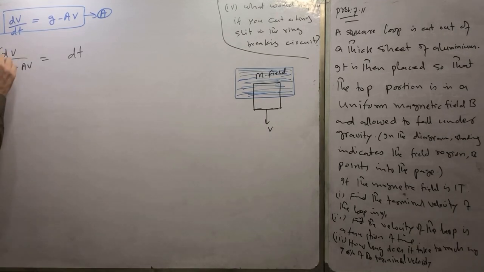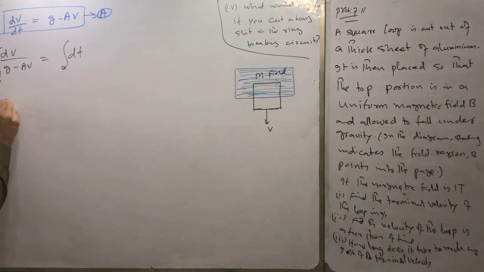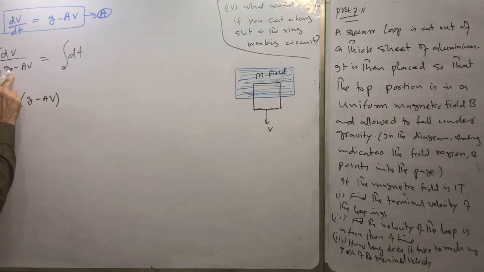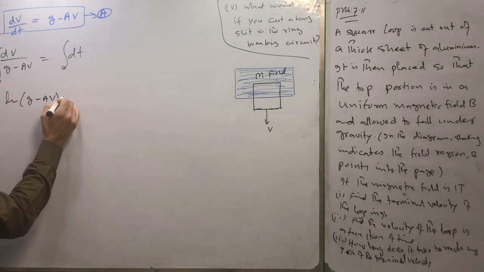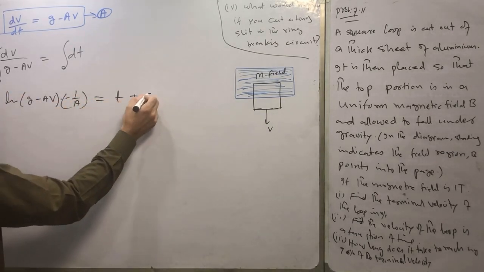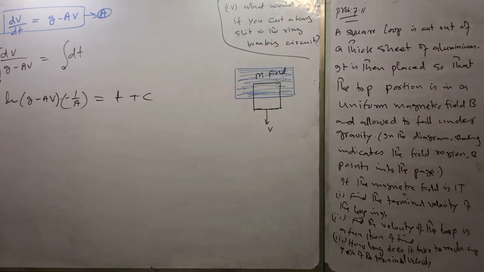After integration, the integral of this term is the natural log of g − av, with a factor of minus 1 over a, which is equal to t plus a constant of integration.